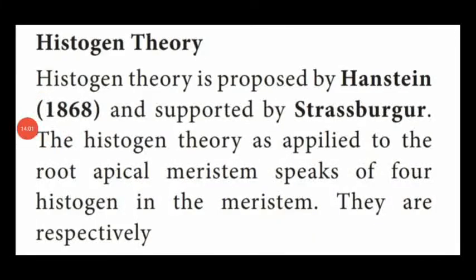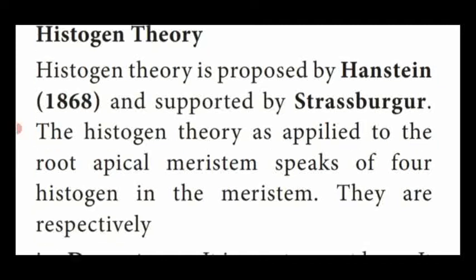The next theory is the histogen theory, like the shoot apical meristem, proposed by Hanstein, supported by Strasburger. According to the histogen theory, the root apical meristem consists of four distinct zones or four histogens of the meristem.